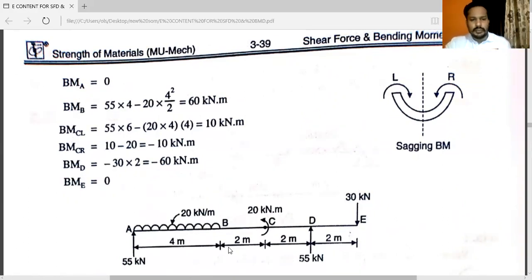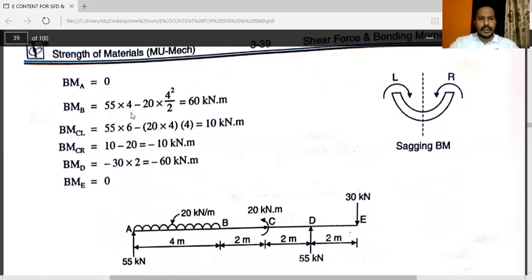See, at point B, again there will be a sagging and hogging concept. The 55 kilonewton is in the upward direction. So 55 kilonewton will move in clockwise direction. It is to the left of the section.